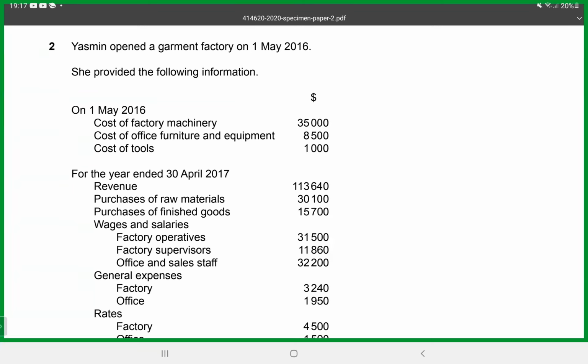So let's see now, how do we follow that format? How do we put numbers into that particular format?